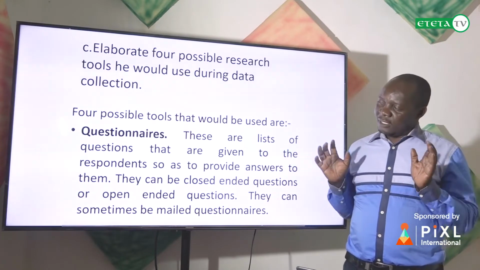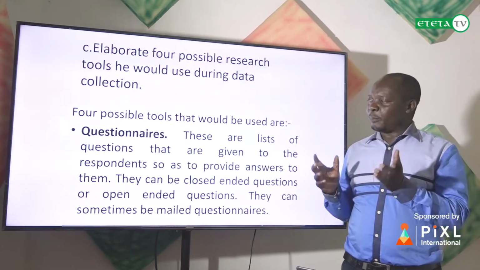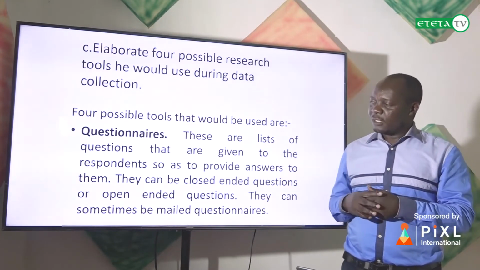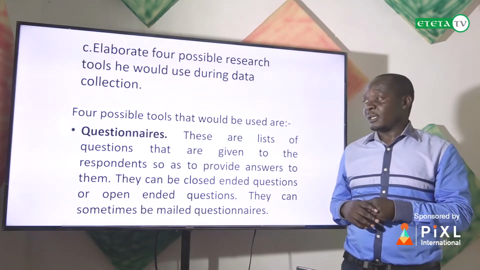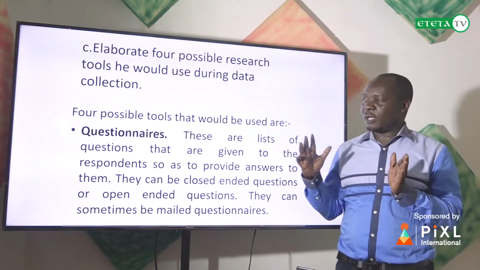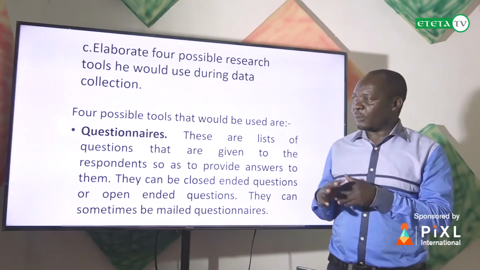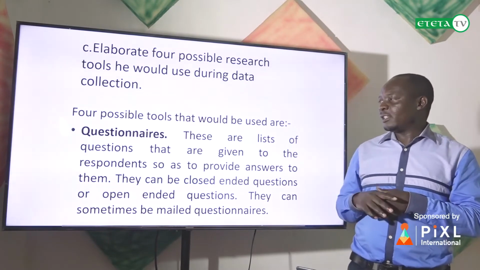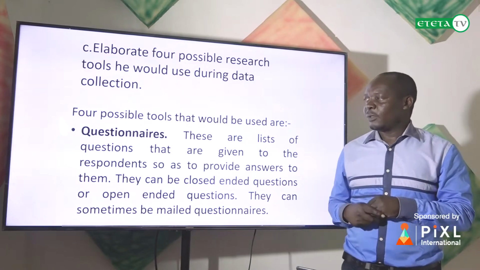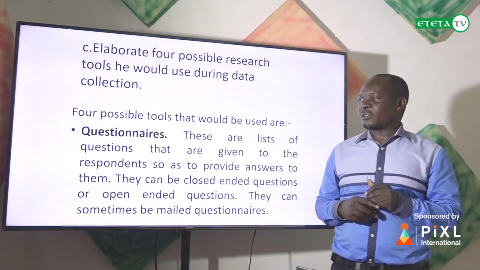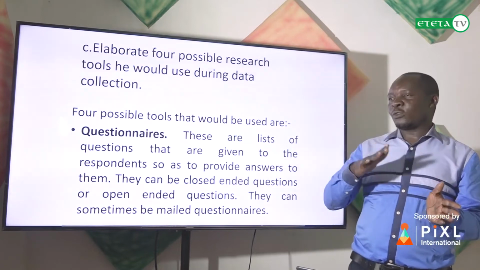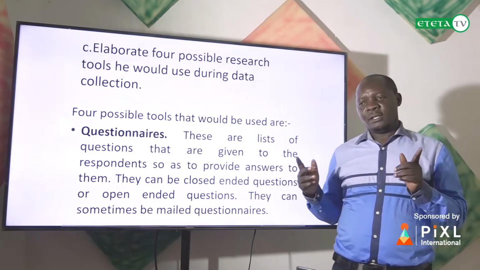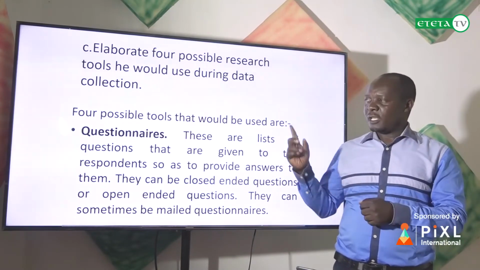That means various questions can be prepared and presented to those respondents to respond, because the respondents here are those who are in the conflicts. Basically, questionnaires are a list of questions given to the respondents so as to provide answers to them. They can be either closed-ended or open-ended questionnaires. So these can be used to generate information about these problems.